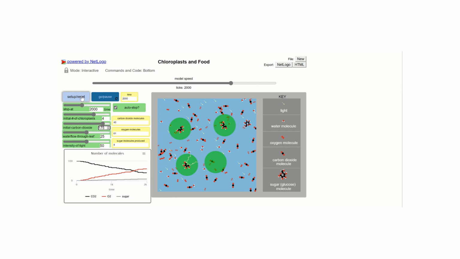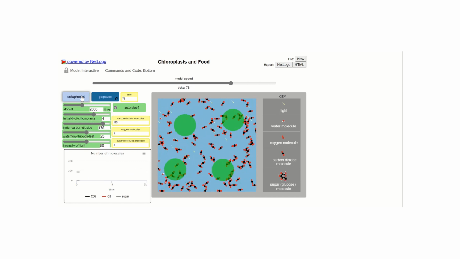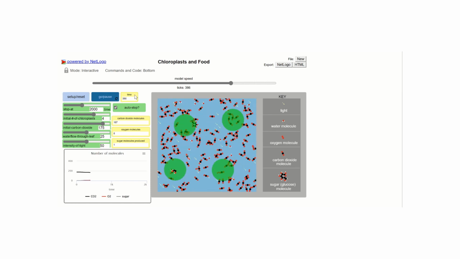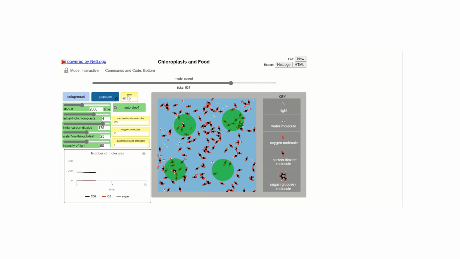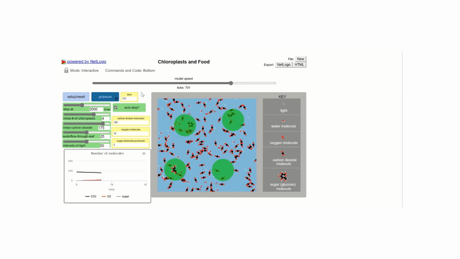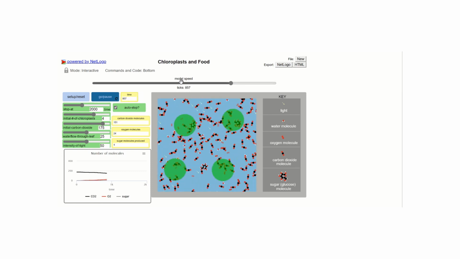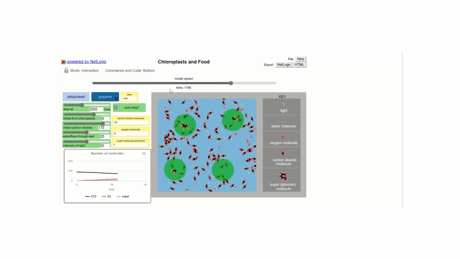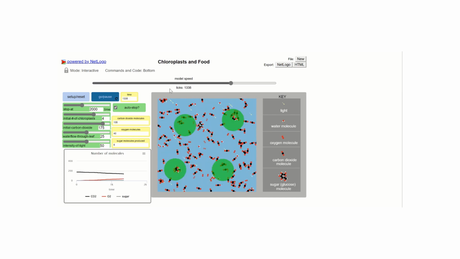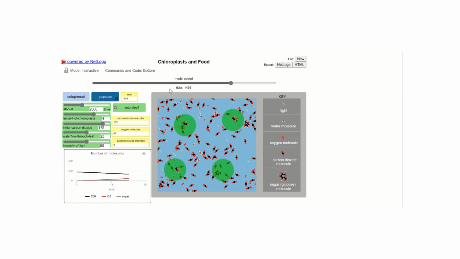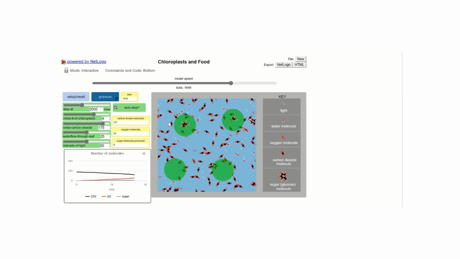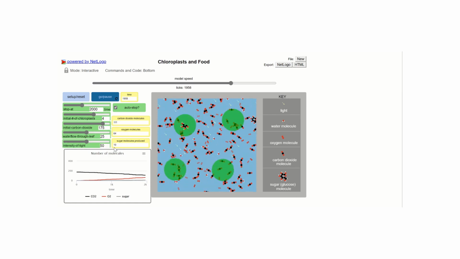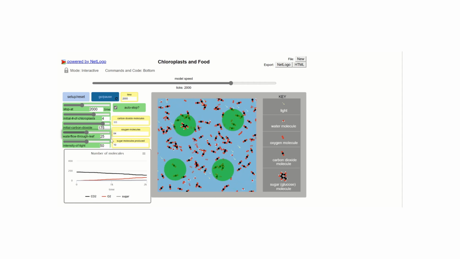We're just increasing the amount of carbon dioxide that's going through the chloroplast. Time to reset. Okay, and go. Again, the time is ticking away right here where it says time, and also up here at the top. When it gets to 2000, it will stop. As it's running, you can also see the number of oxygen and sugar changing.